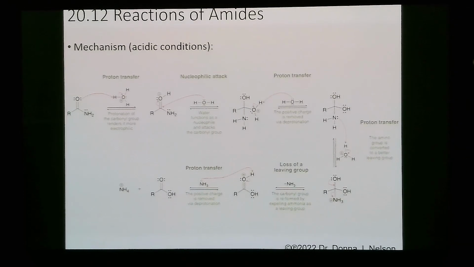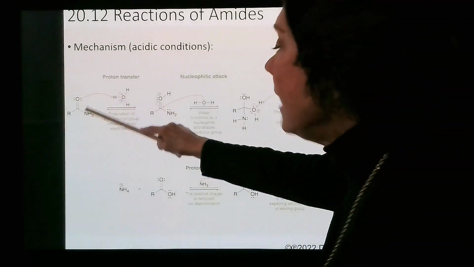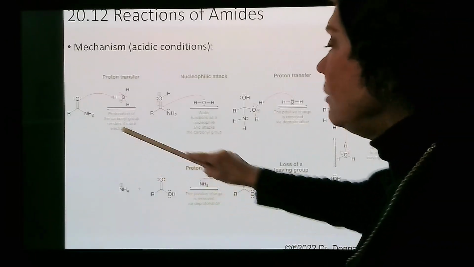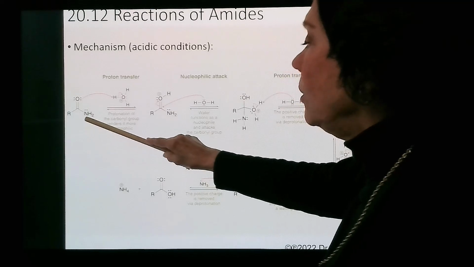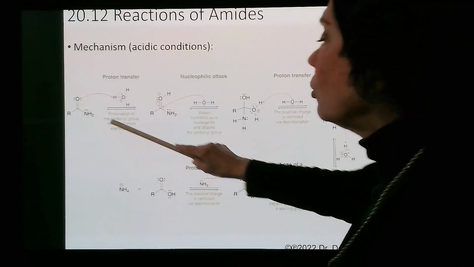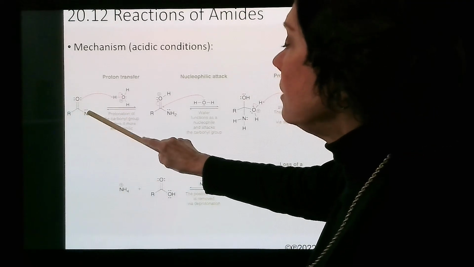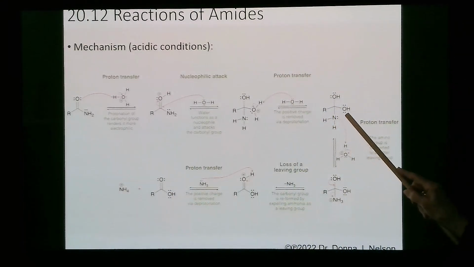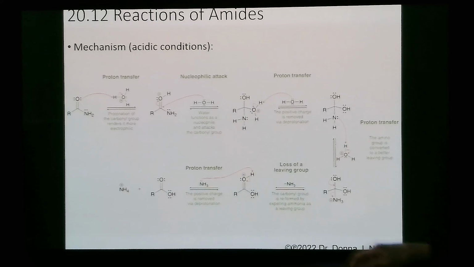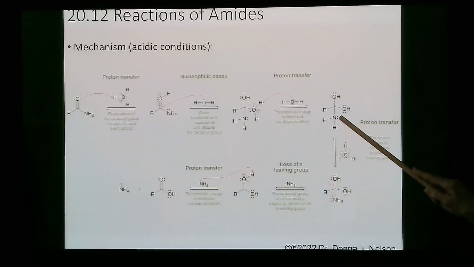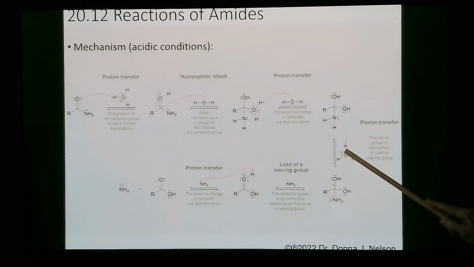Then, remember, compare your reactant to the product, and you can look at what you need to remove and what you need to enter. And here you need to remove the nitrogen. So now here you have oxygen, oxygen, nitrogen. So you have to keep your goal in mind. So you're going to protonate the group that you need to remove. So nitrogen is going to pick up a proton.